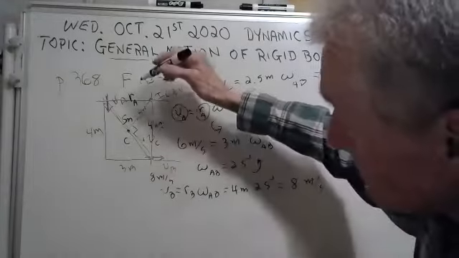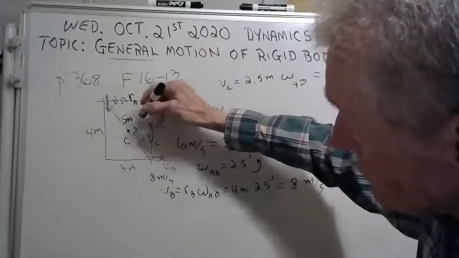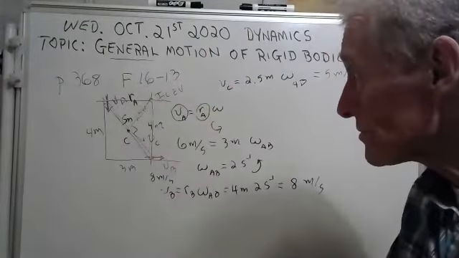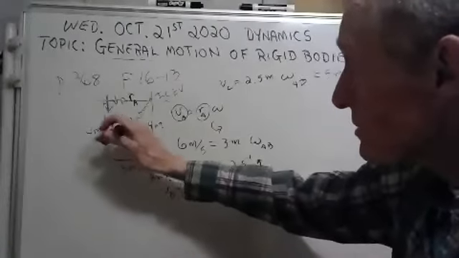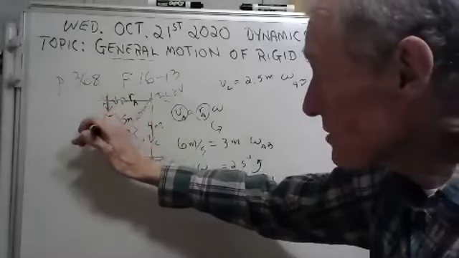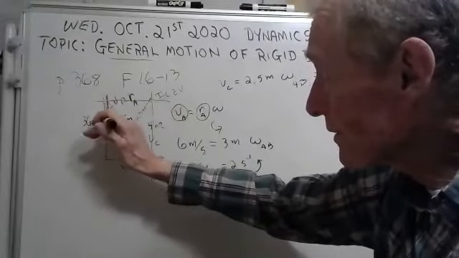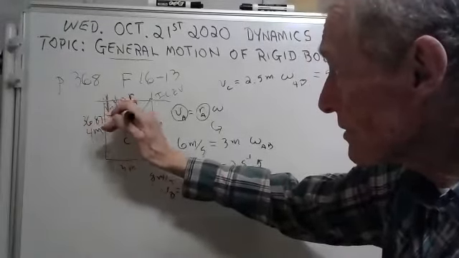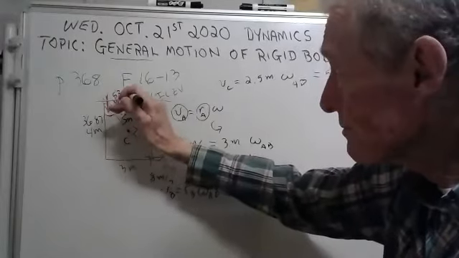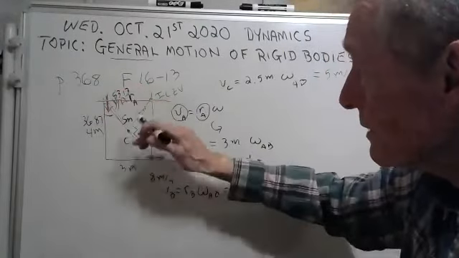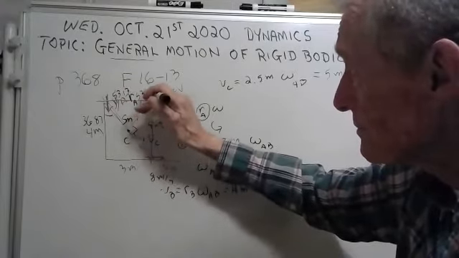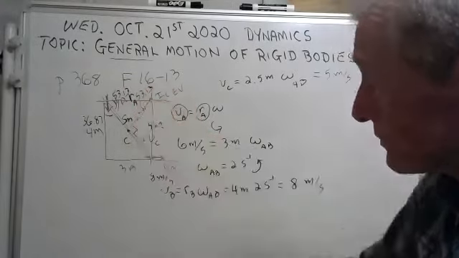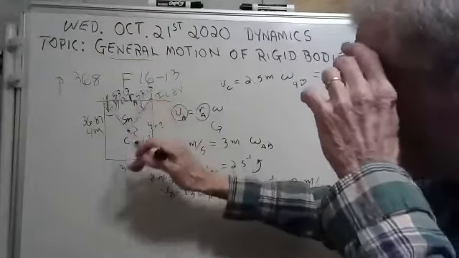See this angle here. Well, you could figure those angles if you wanted to. You know that this angle here is 36.87. You know that this angle here is 53.13. And you know that this angle here is 53.13 because you have an isosceles triangle.